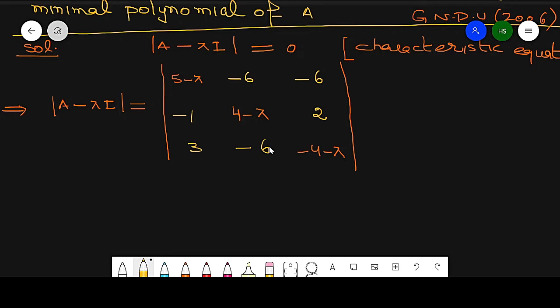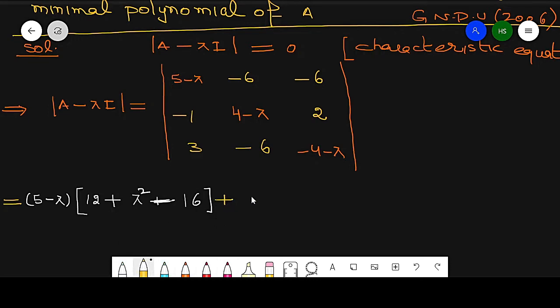The first term is 5 minus lambda times the bracket 4 minus lambda into minus 4 minus lambda plus 12, which is lambda square minus 16 plus 12.